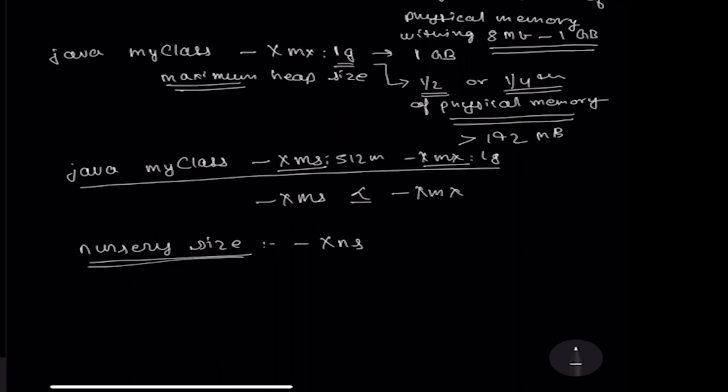After the objects have passed a certain amount of time, they are promoted to old generation. And in the new JVM there are different garbage collector cycles for both of them. So we have young generation heap and we have old generation heap.